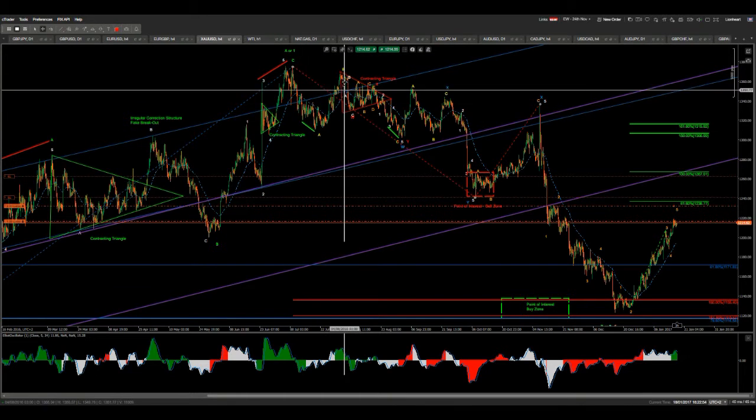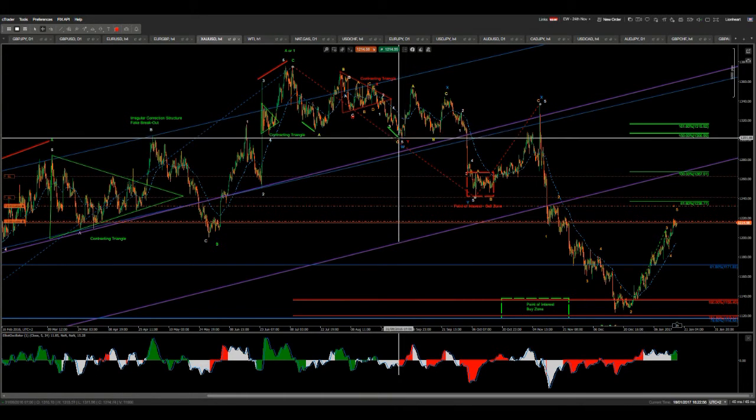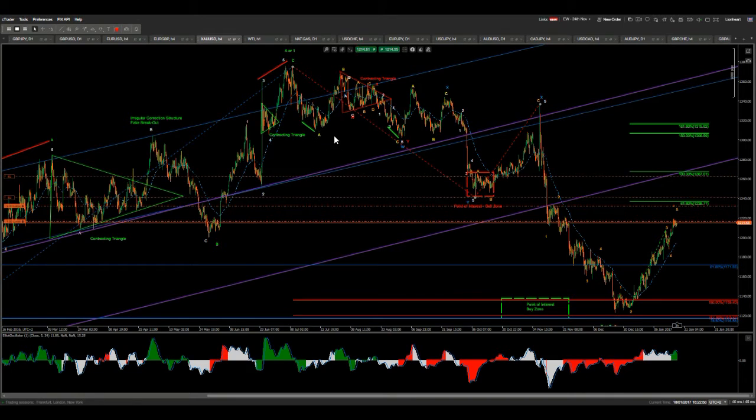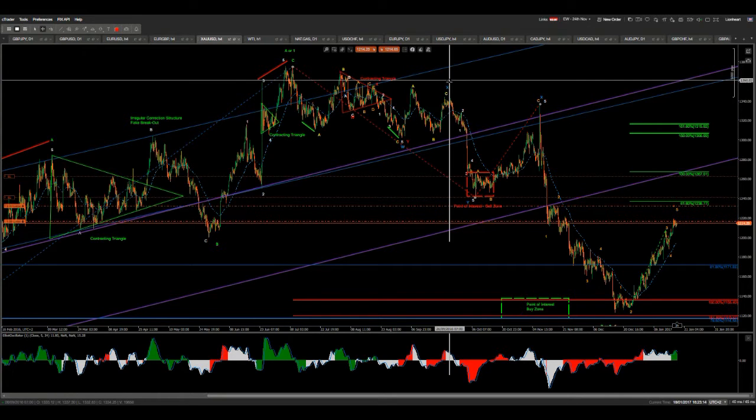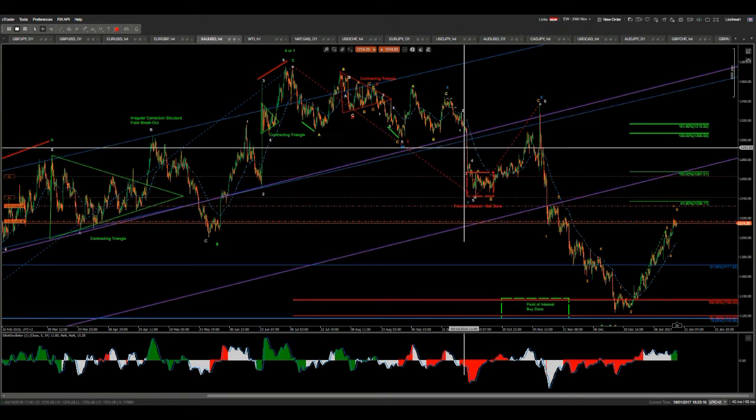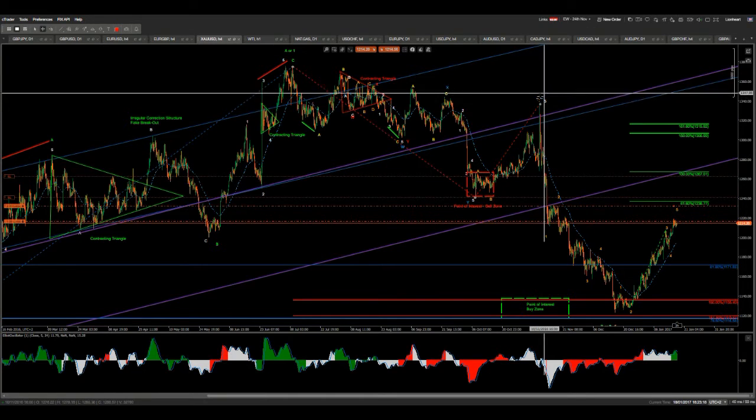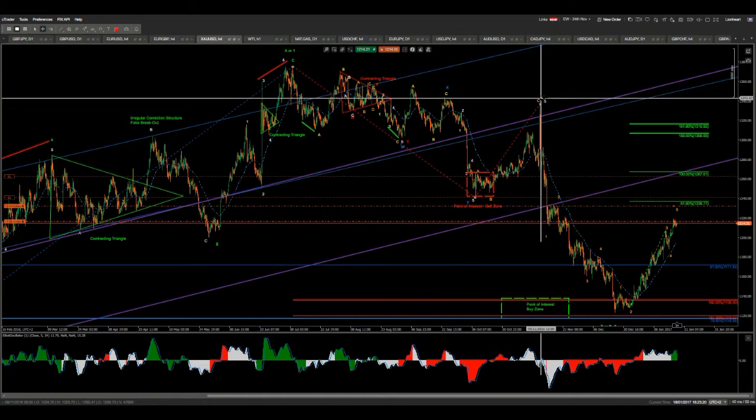However, this complex structure is indeed telling us something. As stated before, I mapped this complex corrective structure as an ABC, which means W, and then ABC towards X here, and then the Y, which obviously gave us the X after that.